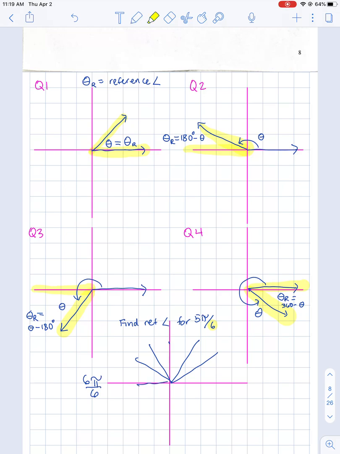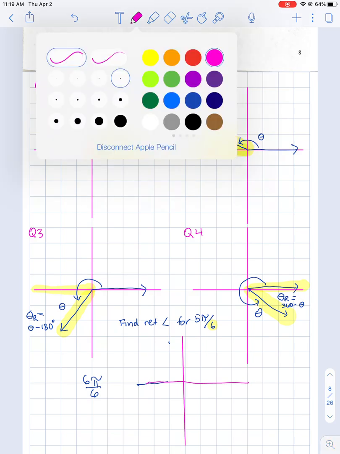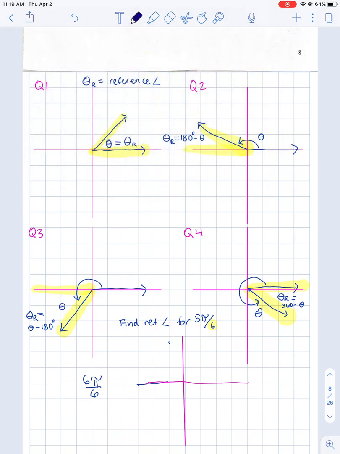So what I'm looking at now is that 5 pi over 6 is, in fact, not that one, not that one, not that one. I accidentally erased my XY axis. So when I'm picturing 5 pi over 6, I am picturing this angle right here.